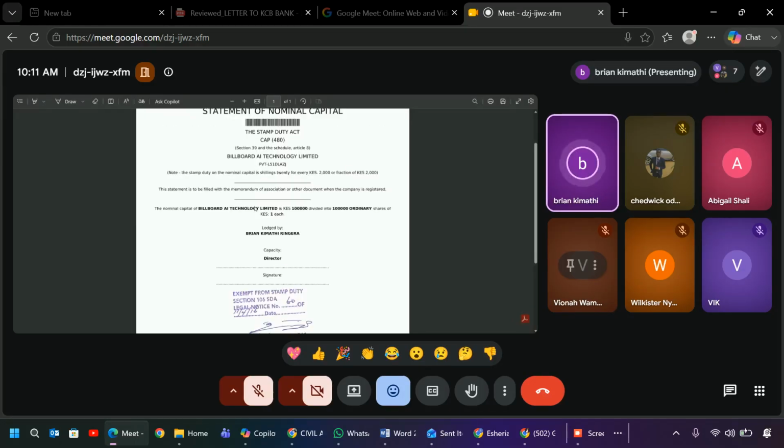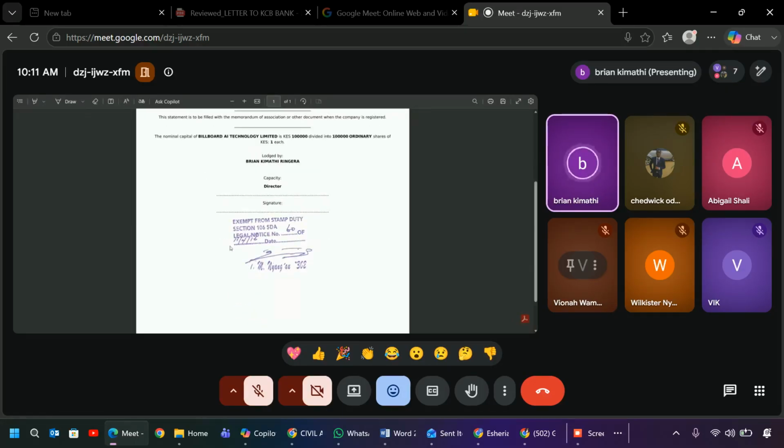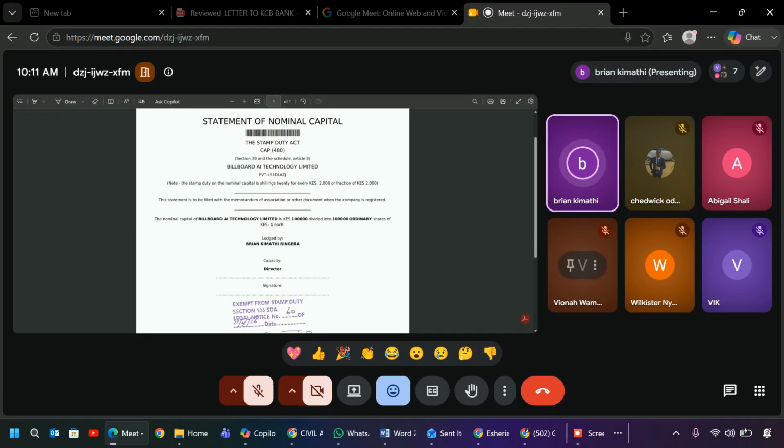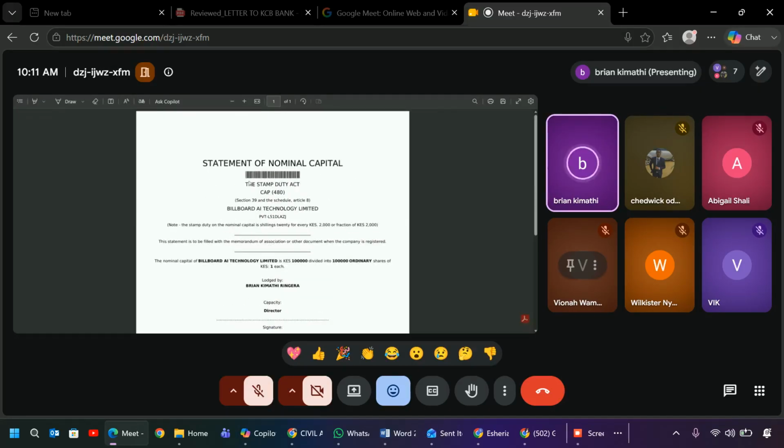In what instance can you be exempted from paying stamp duty? The statement of nominal capital is pursuant to the Stamp Duty Act, Section 39, and Article 8 of the schedule. This statement is to be filed with a memorandum of association or other document when the company is registered.